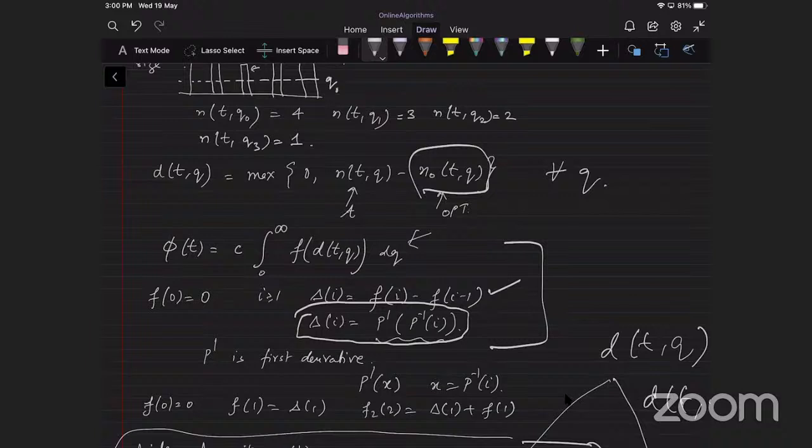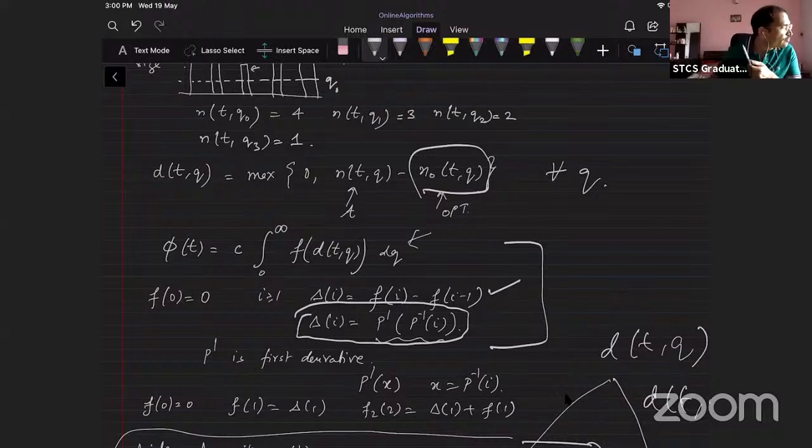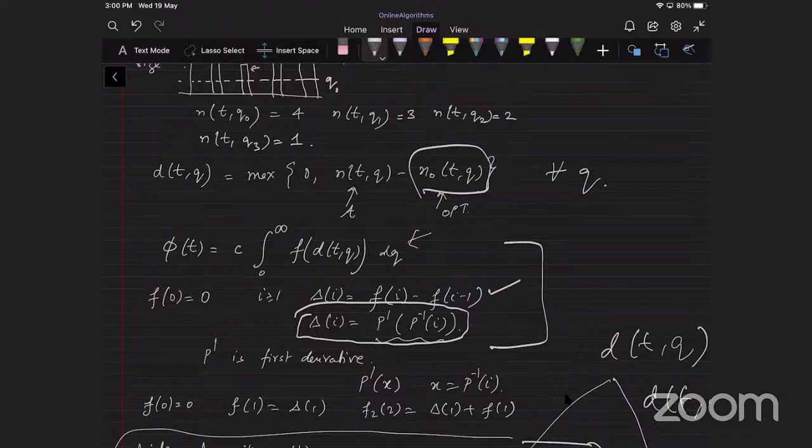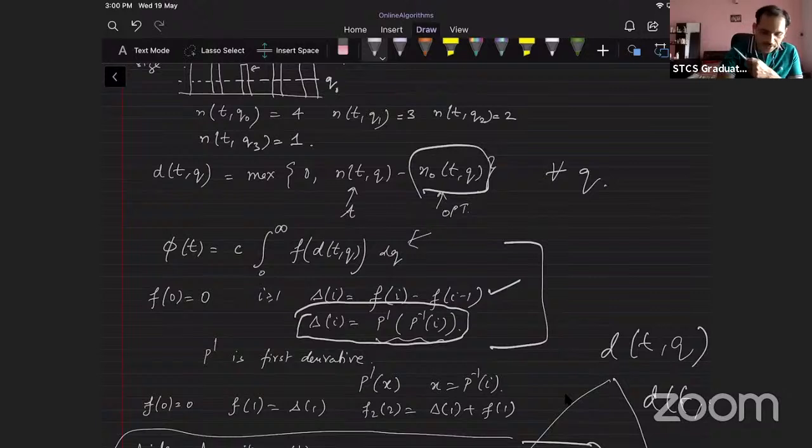We are only looking along the time axis, for each time. For any one particular time t, I'm looking for discontinuity. Is there a discontinuity or not? Now, what could give rise to discontinuity? Either an arrival of a new job or departure of a job with the algorithm or the OPT.